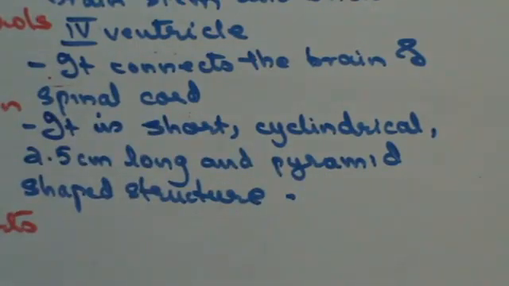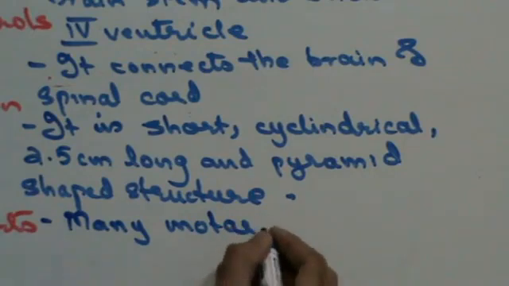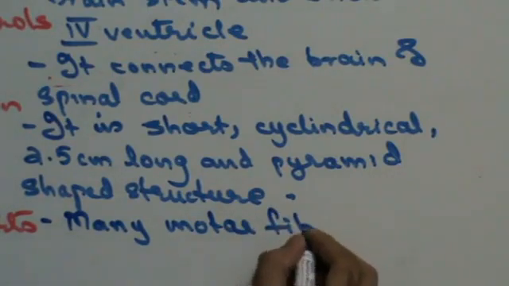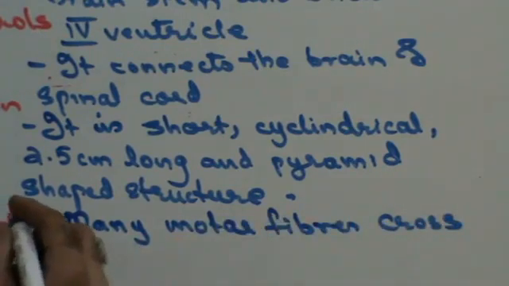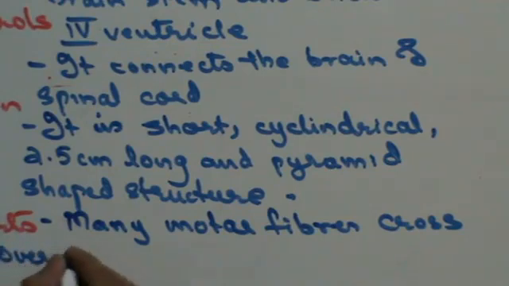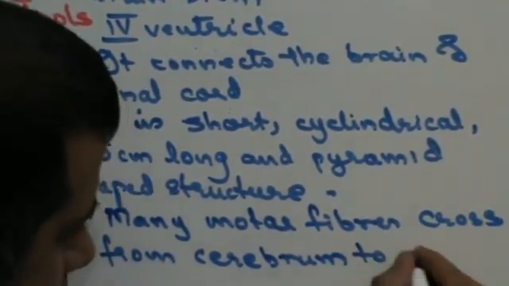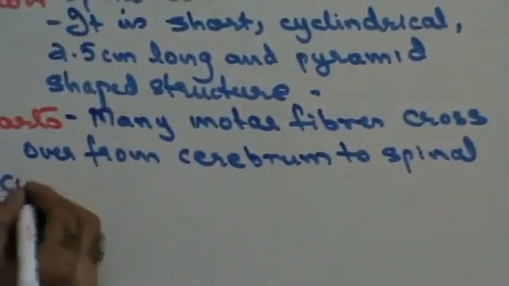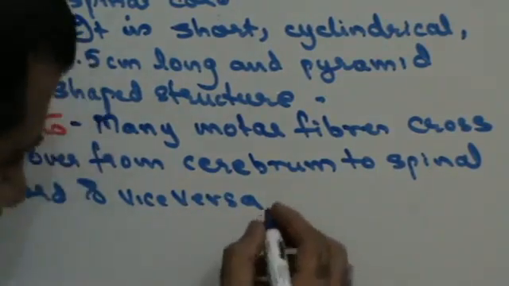Many motor fibers cross over from cerebrum to spinal cord and vice versa through the medulla.